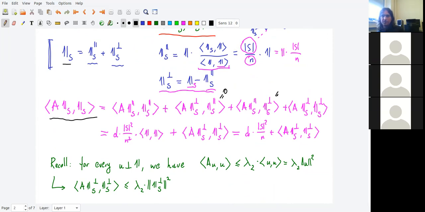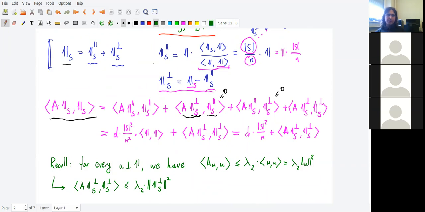This one is 0 and this one is 0. Why? Because this vector is parallel to all ones, and this vector is perpendicular to all ones, and the subspace of vectors perpendicular to all ones is an eigenspace of the matrix A. So this one is 0 because these two vectors are perpendicular, and the same for this one.